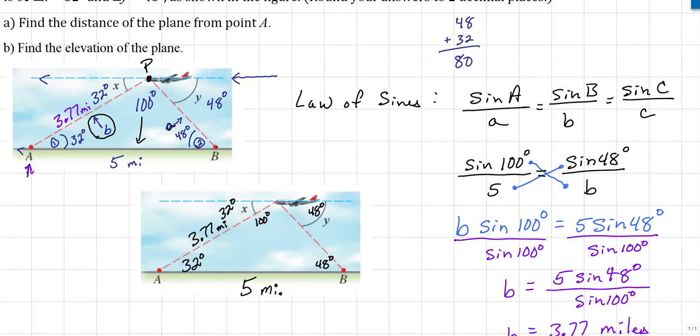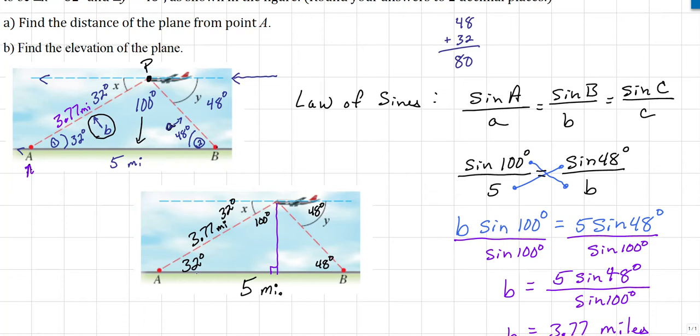In order to find the height, we're actually talking about the altitude. So if we draw an altitude, or height, down from the plane so that it is perpendicular to the ground, we now have a right triangle.